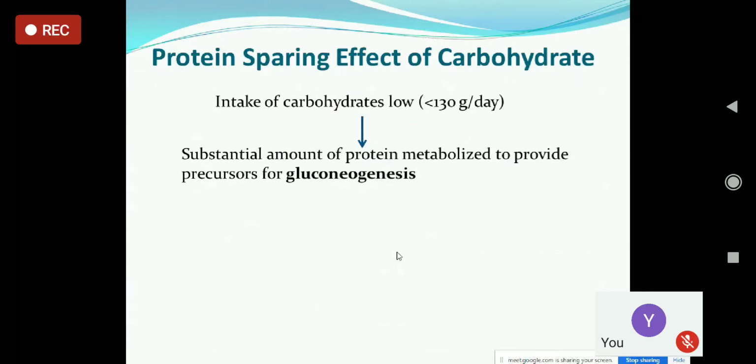In case of starvation, when no glucose is coming in from the gut, there is proteolysis going on, breaking down of the muscle proteins, and the amino acids, the major amount contributed by alanine and glutamine, are utilized for the process of gluconeogenesis. So you know this, but if you consume carbohydrate in required amount, then proteins are spared. This is the protein sparing effect of carbohydrate, and we've talked about this during starvation.